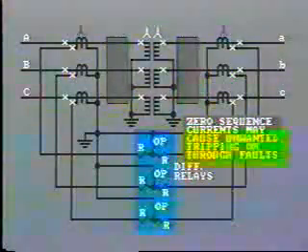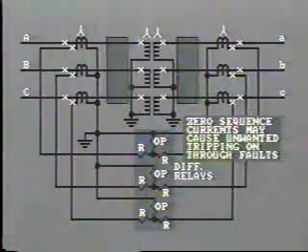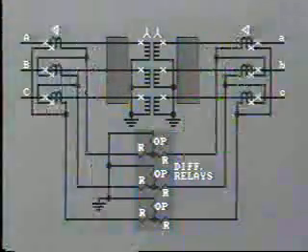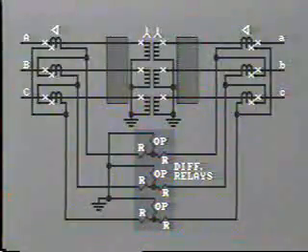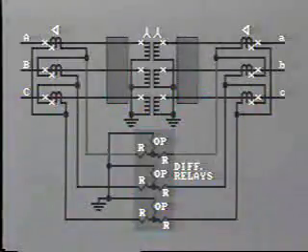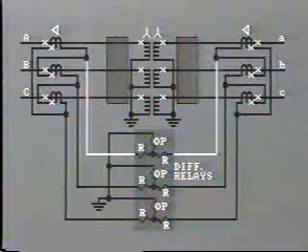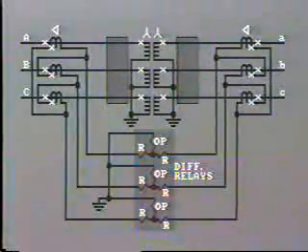Delta CT connections are safer as they eliminate zero sequence currents from the relay. Where the transformer is Y connected, the CTs should always be connected in delta. Care must be taken in connecting the secondaries so that each phase differential relay receives corresponding input from both sides of the transformer.